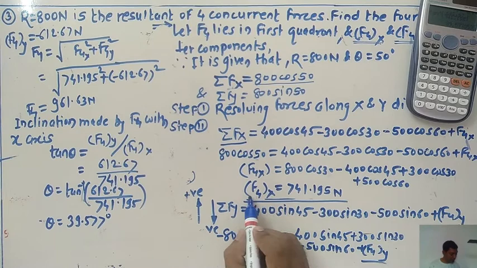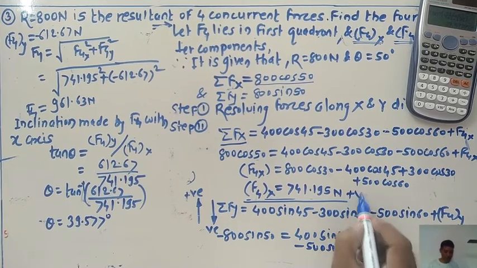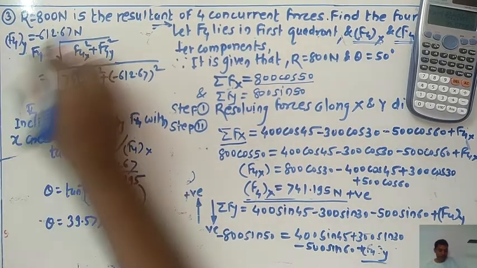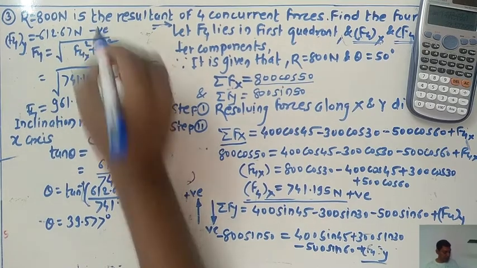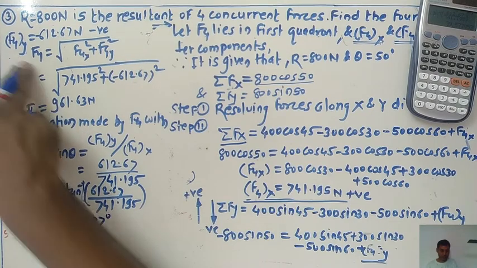F4x, after calculation, we found to be a positive value. And what about F4y? This component we found to be negative.